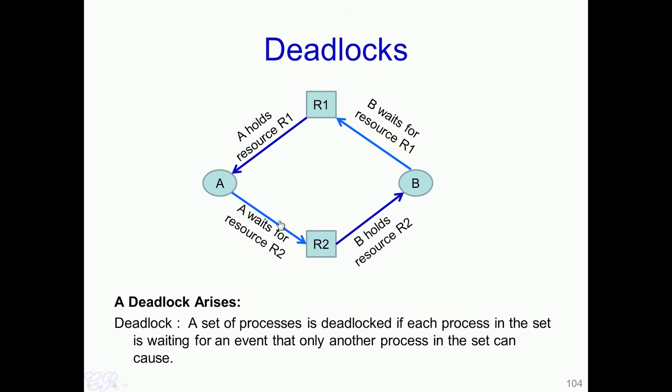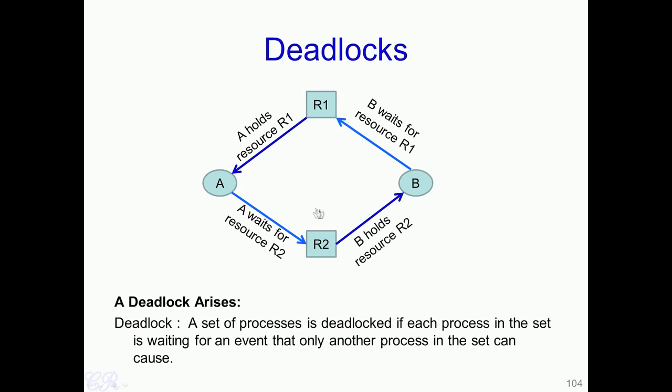For instance, here process A is waiting for the resource R2, which is held by B. B in turn is waiting for R1, which is held by A. We have a set of two processes A and B, and each process in the set is waiting for the other process to do a particular thing.